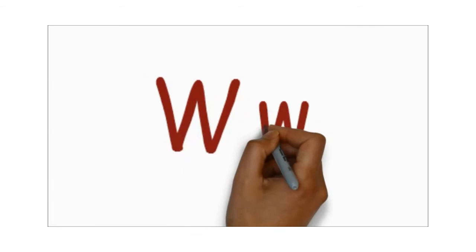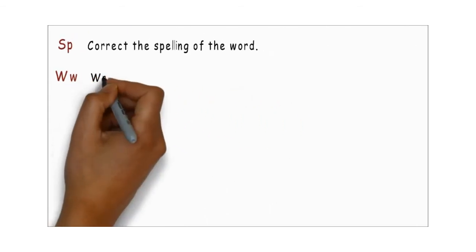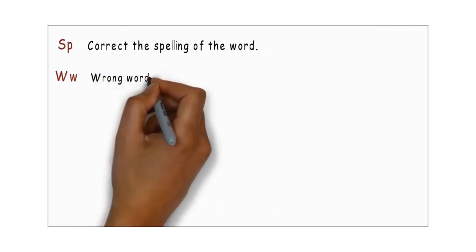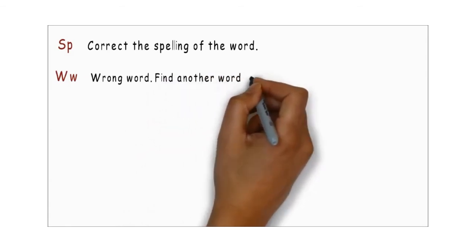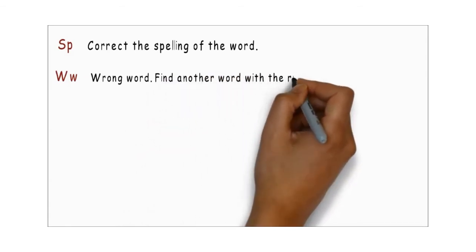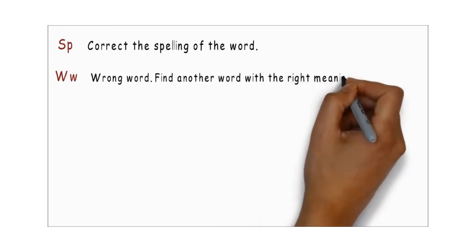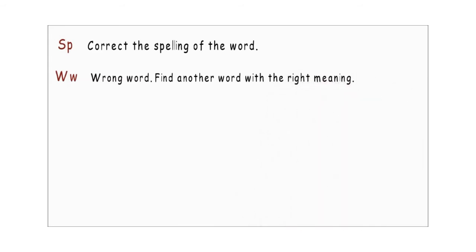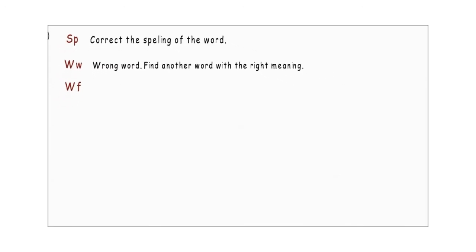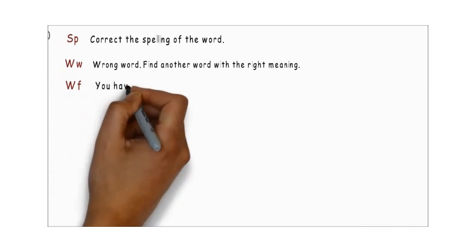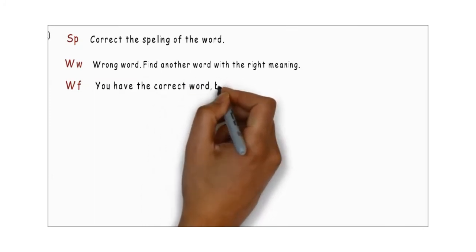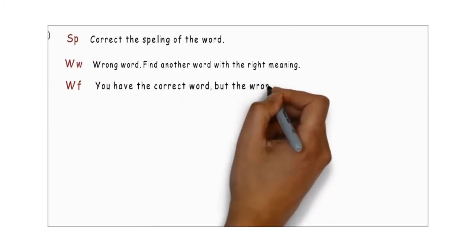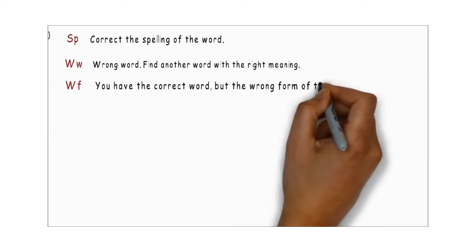When this happens, try another spelling or another item of vocabulary. WW denotes wrong word. Wrong word may be used in the context in this case, so try and find another word. WF shows that you have the wrong form of the word. This may mean that you need to find a noun or a verb or an adjective form of the word in this context.